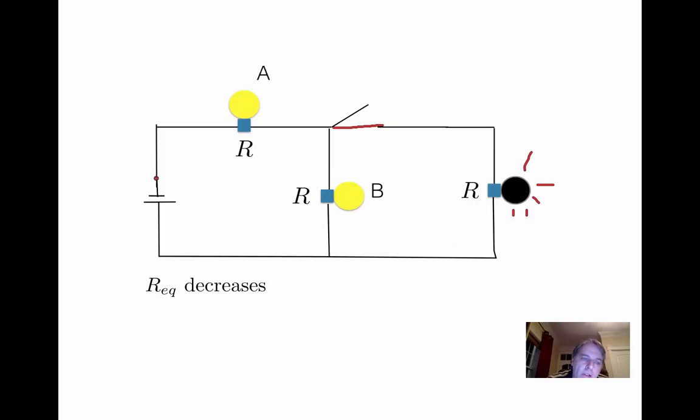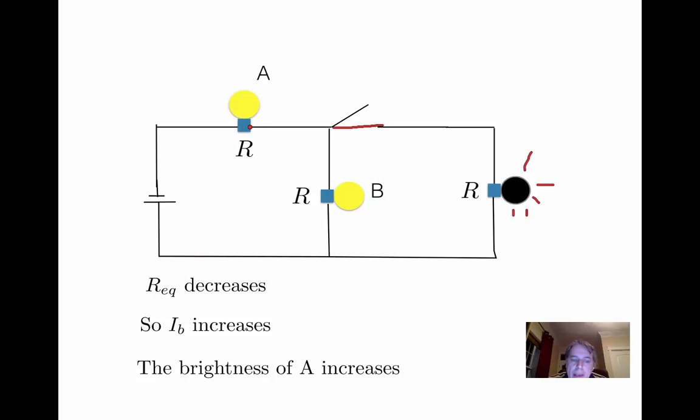Now look at the total resistance of the circuit: R plus those two in parallel. Like we just learned, putting two resistors in parallel will decrease the resistance. Therefore, the battery sees a total resistance which is smaller than before. So closing the switch has decreased R equivalent of the circuit. If R equivalent decreases, the current flowing out of the battery increases. So if the current flowing here has gone up, the brightness of light bulb A increased.